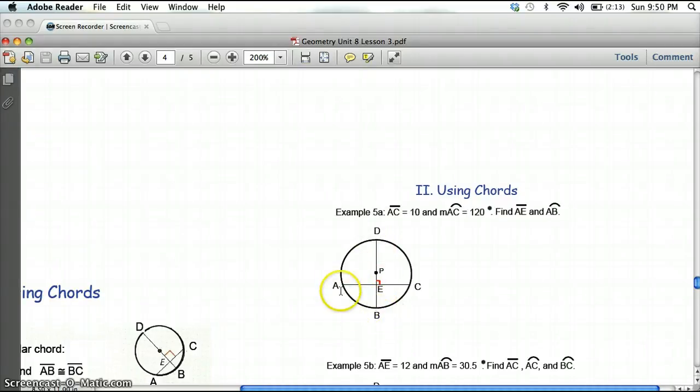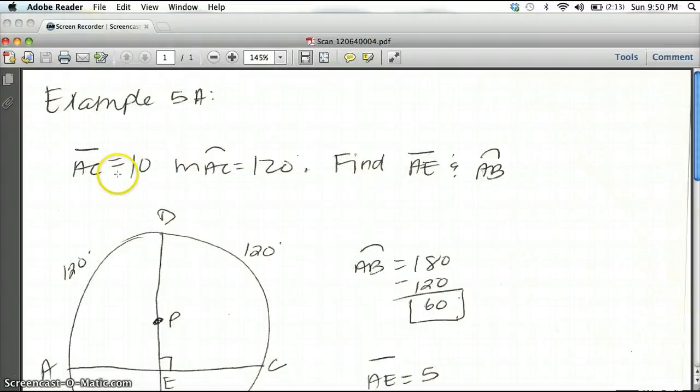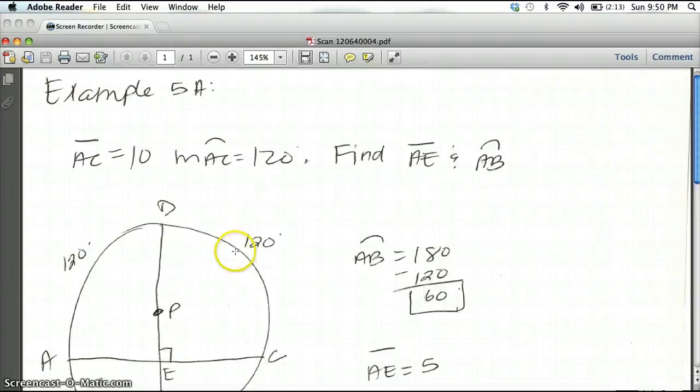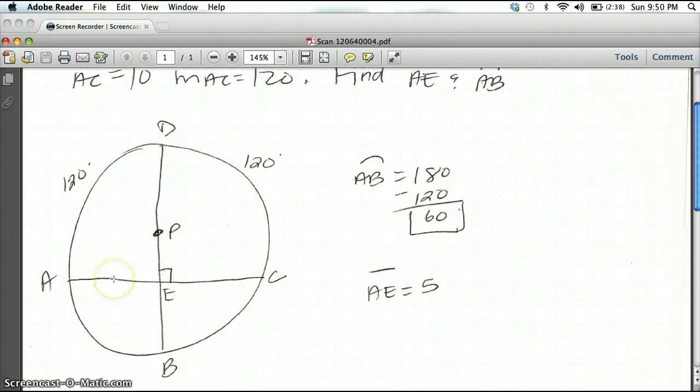So if you notice, AC is perpendicular to DB, which means that DB cuts AC into two congruent parts. So up here, it says that AC is equal to 10, and then it asks you to find AE. So if you notice, AE is half of AC. So if AC is 10, then AE has to equal 5.